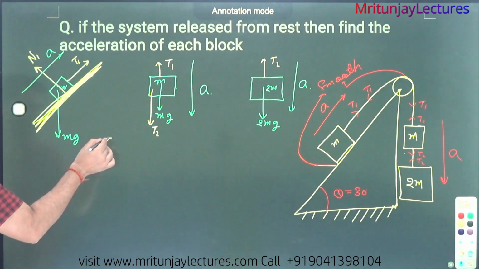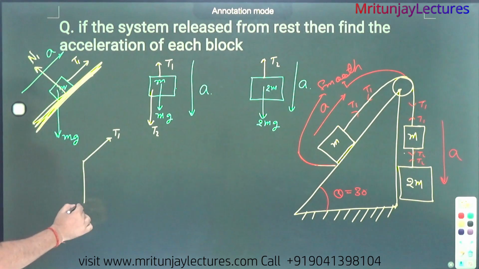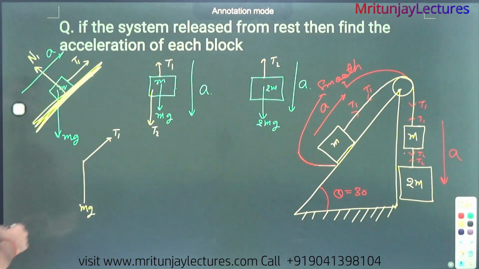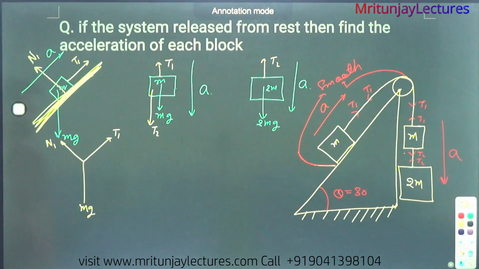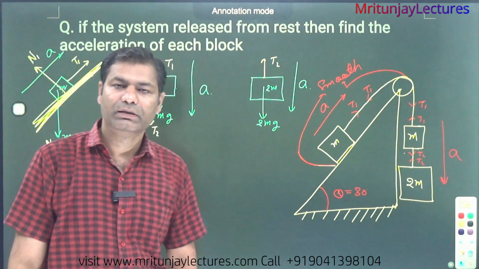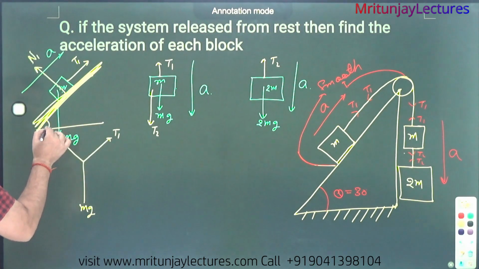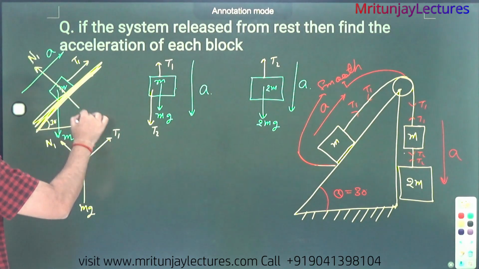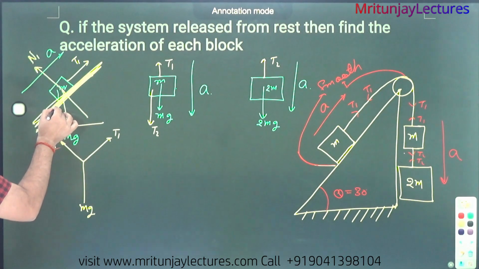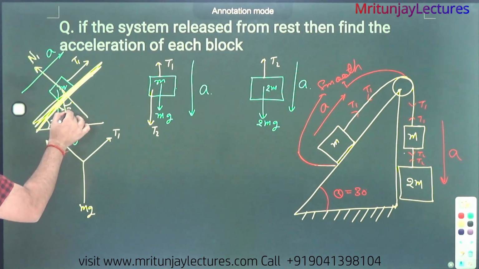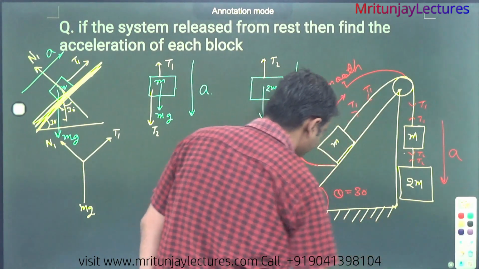Here T1; if you suppose it as a point mass, that is mg downward, and normal force N1. Clear or not? If this angle is 30 degrees, that angle is 60, so this one is 30 degrees.